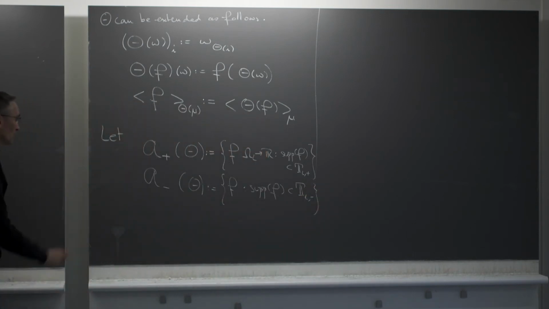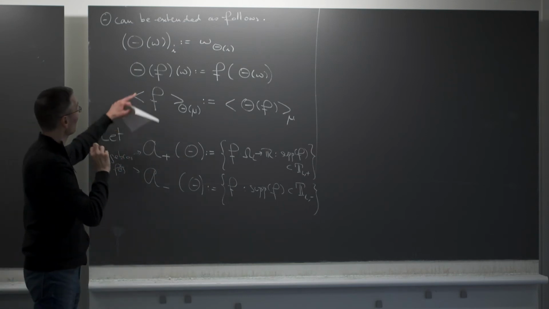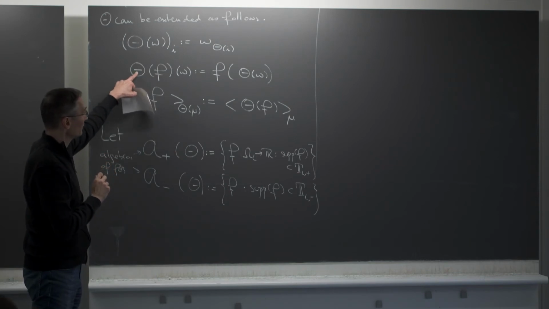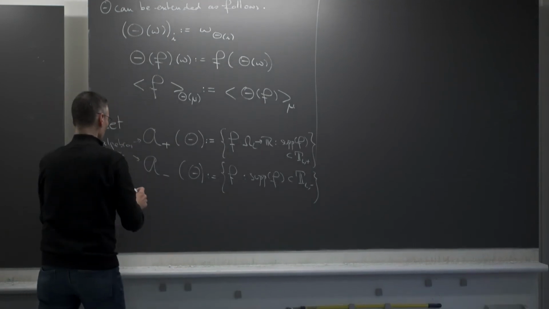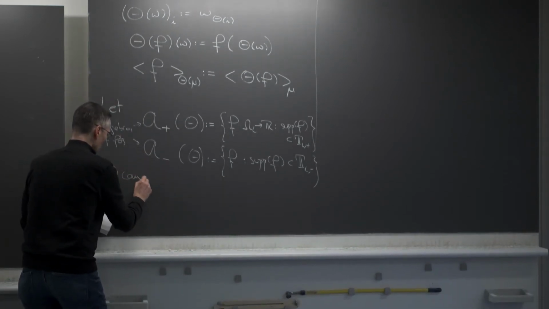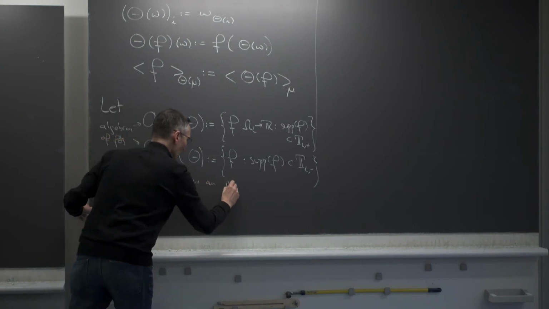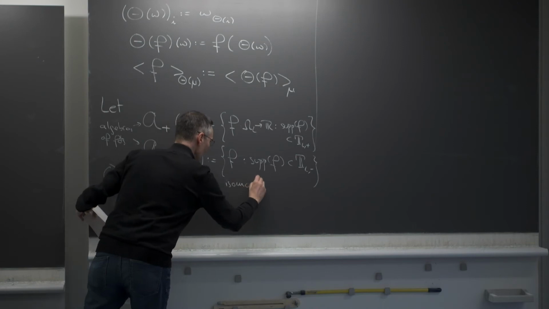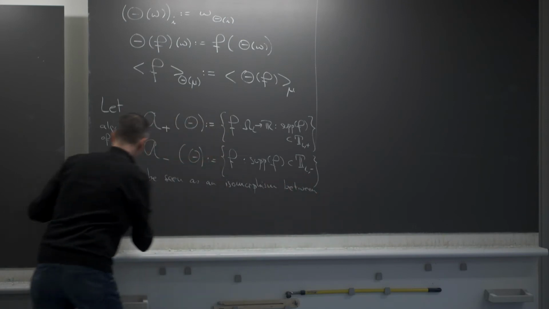So these are two algebras of functions. And one can see this reflection theta as inducing an isomorphism between these two algebras. So theta can be seen as an isomorphism between these two algebras.